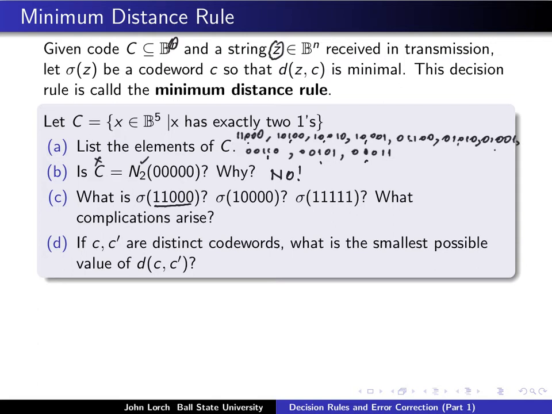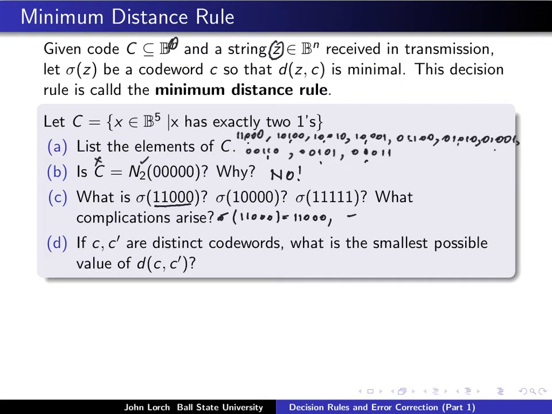Well, what would you choose? Well, 11000 is itself a code word. And so the distance between this received word and the code word 11000, that distance is equal to 0. We can't do any better than that.